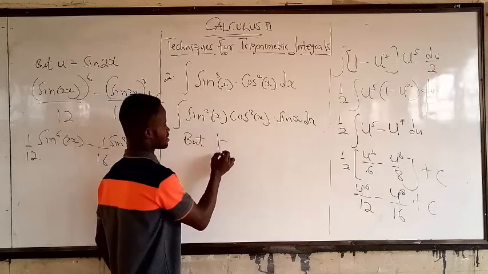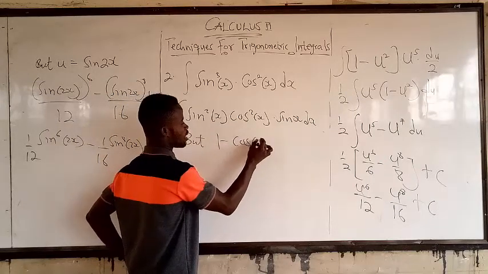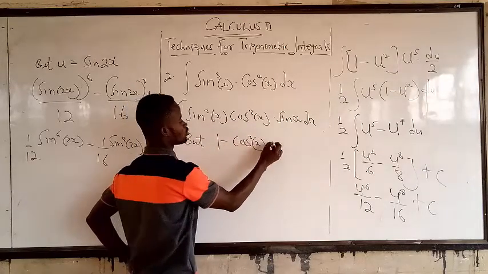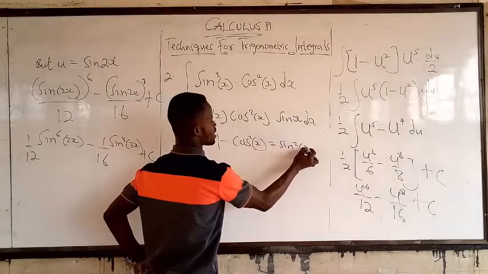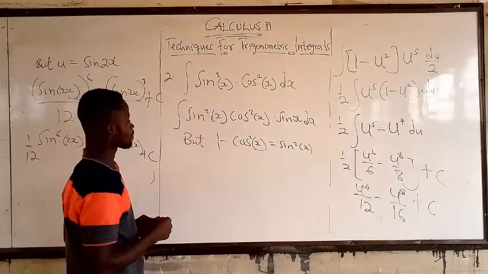Alright, so but 1 minus cos x, here the argument is x, you don't bring 2x. It's equal to sine square x. How do you see that? Very good.